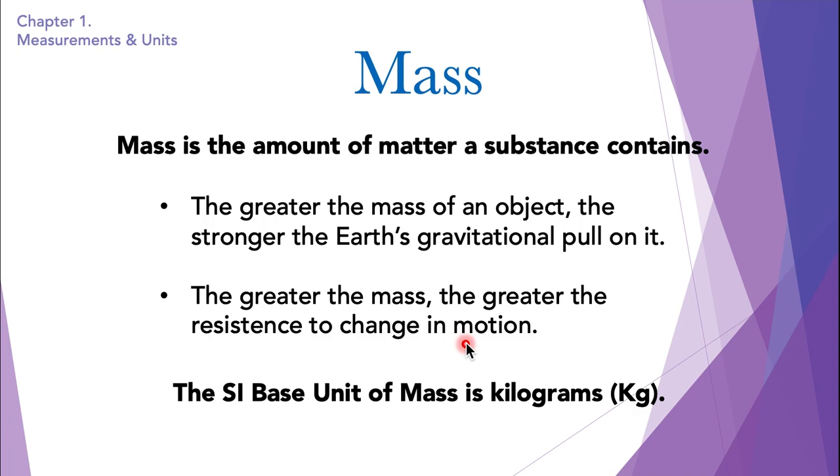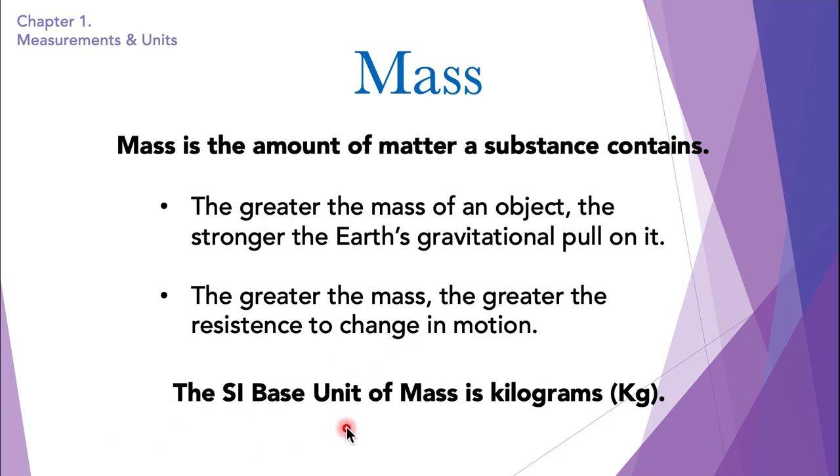So there is a greater resistance to change in motion because it has a greater mass. Light objects are easily movable because they are light and there is less resistance to change in motion. And the greater the mass of an object, the stronger is the Earth's gravitational pull on it. So if there is a heavy object, it will have a stronger gravitational pull compared to a light object.